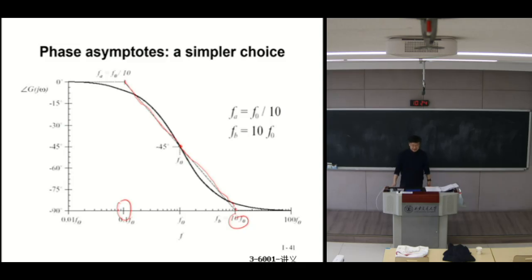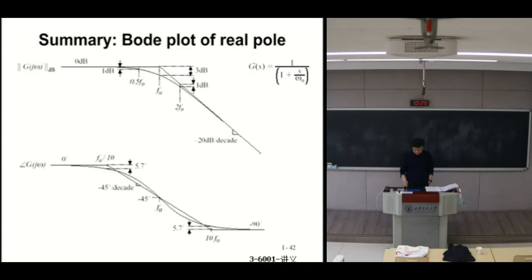In this case, although we cannot guarantee that the error around F0 is approaching 0, we can see quite some error around the F0 area, but we can calculate the maximum error. And the maximum error is actually quite small, only 5.7 degrees. Okay, that's very small.